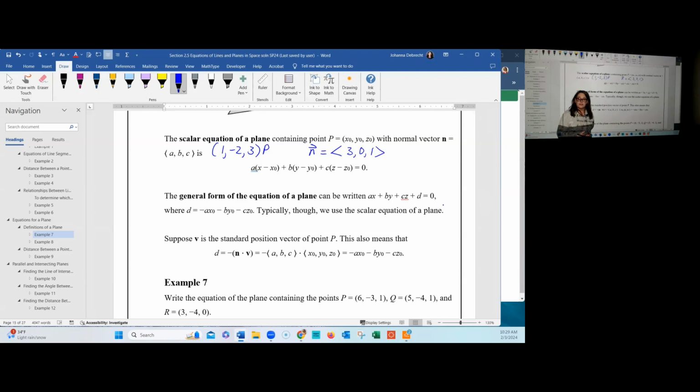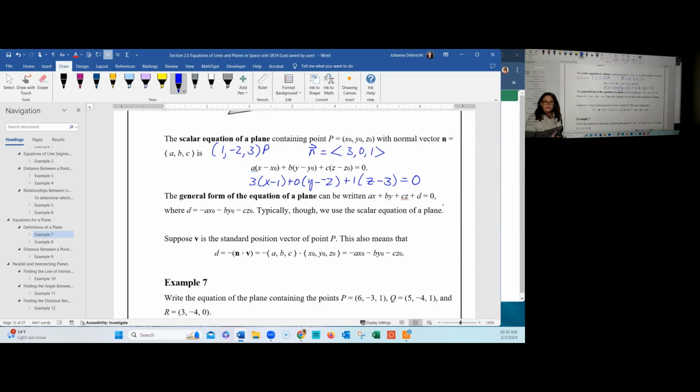I can't do the vector equation because I don't have another point in the plane, but I can do the scalar one. So I'm going to have 3 times x minus 1 plus 0 times y minus a -2 plus 1 times z minus 3 equal to the constant 0. And it's always equal to 0. And this will give me the scalar equation of that particular plane.